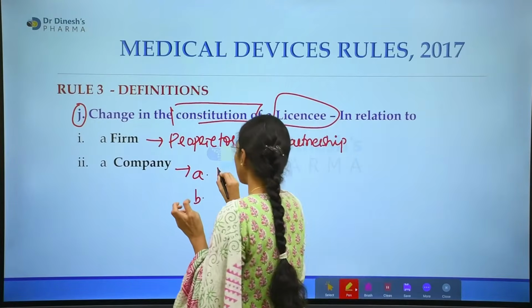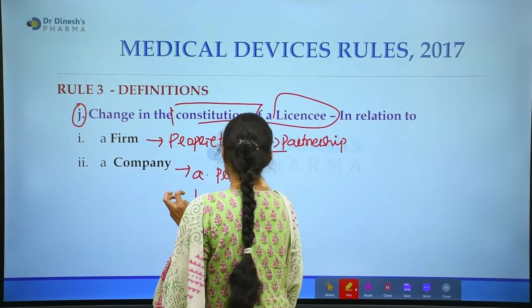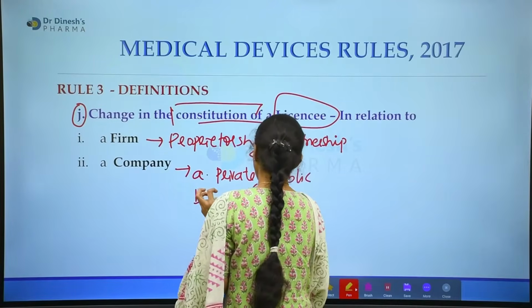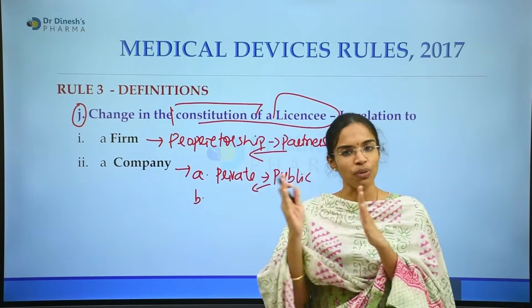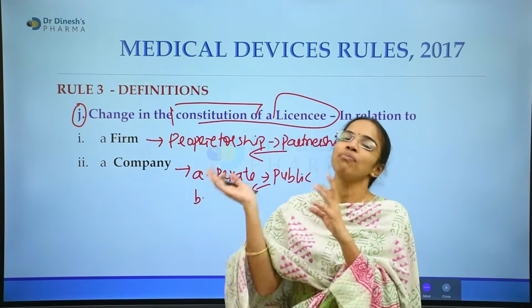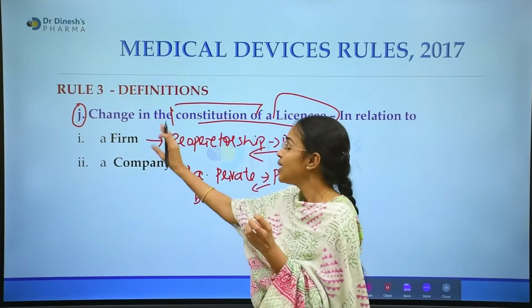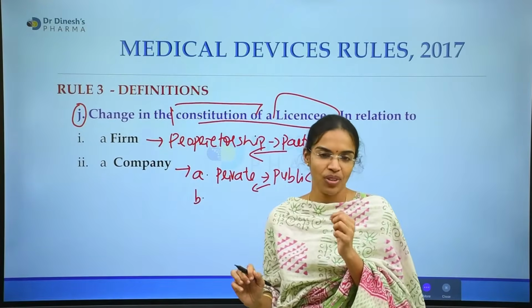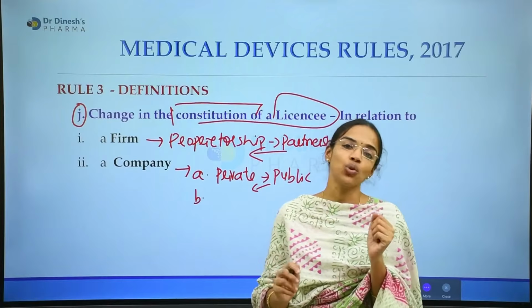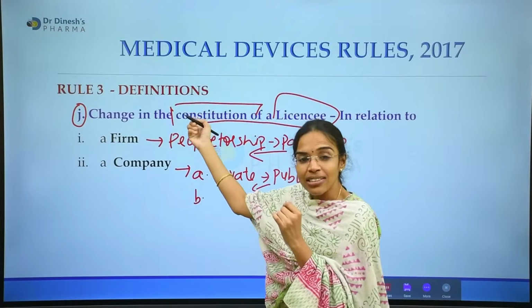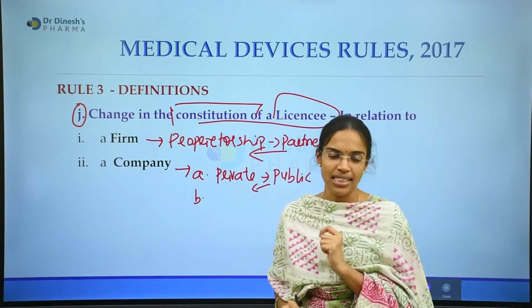If the company has changed from private ownership to public ownership, or from public ownership to private ownership, that comes under 3J2A. If it has changed, then it will be considered as a change in the constitution of a licensee.